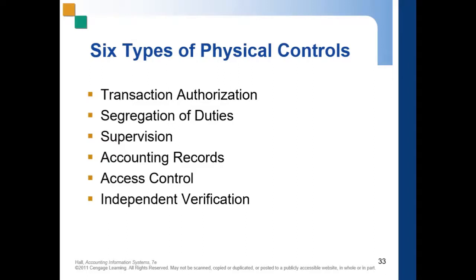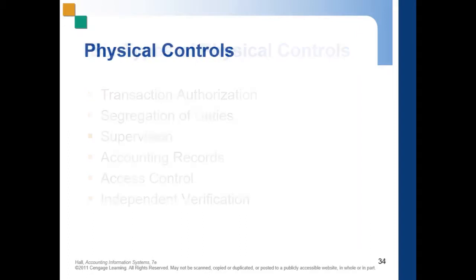Virtually all systems, regardless of their sophistication, employ human activities that need to be controlled. So, we'll be discussing these 6 types, which are transaction authorization, segregation of duties, supervision, accounting records, access control, and independent verification.